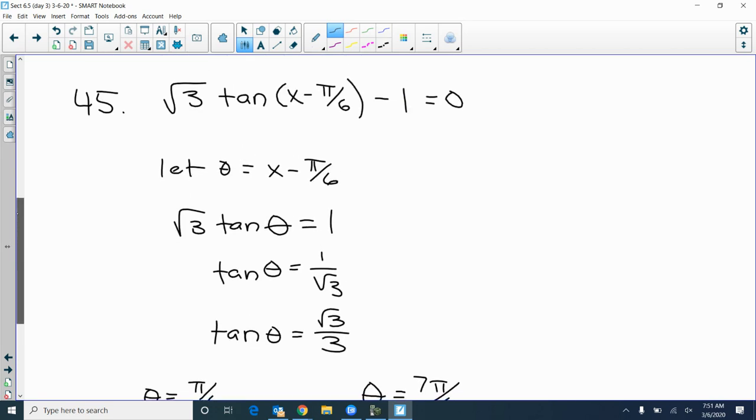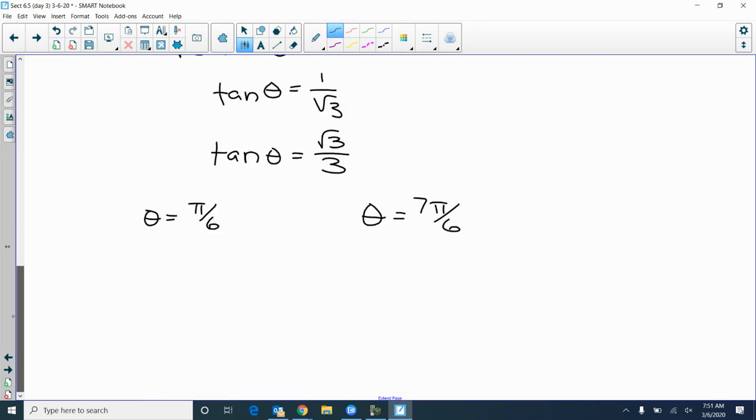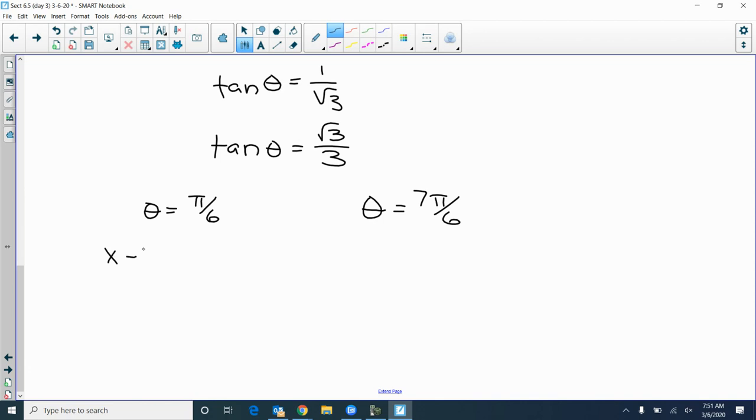But we're not solving for theta. What are we solving for? X. And so we replace theta with x minus pi over 6 here, and then I'm just going to solve for that. And x equals 2 pi over 6, which is pi over 3.